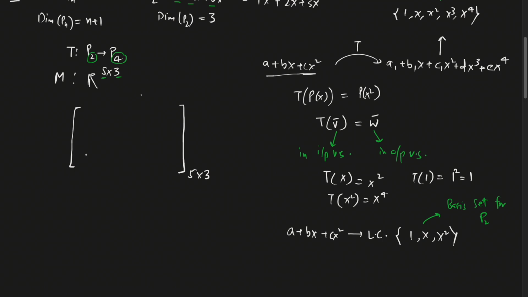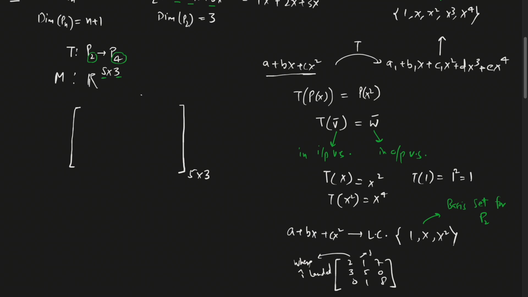Now we know that a matrix representation of a linear transform is nothing but where the basis elements land, right? So for example, if I say that this is a matrix 2 3 0, 1 5 1, and 7 0 8. Okay, so what this basically means is this is where i hat landed.